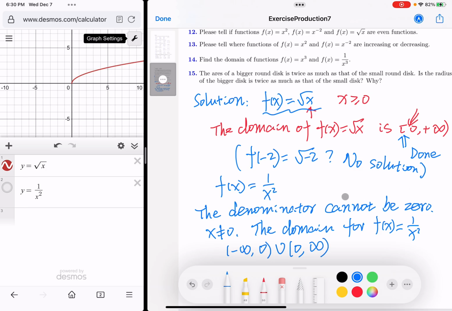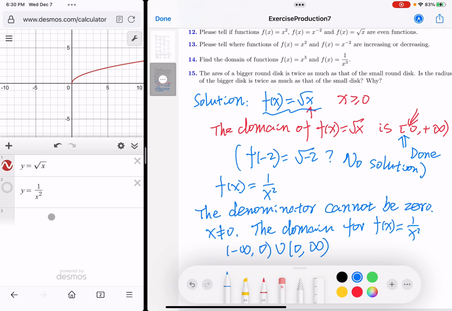Remember, when 0 is included, we use a square bracket. When 0 is not included, we use a round bracket. So from negative infinity up to 0, 0 is not included. And from 0 to positive infinity, 0 is not included.